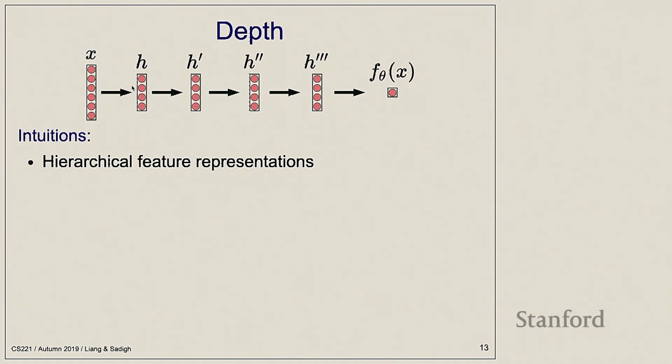For example, in a lot of image processing systems, h could represent the edges in a picture. h prime would represent corners. h double prime could represent small things like fingers. h triple prime would be the whole hand. So it's successively higher level representations of what's in the data you're giving it.